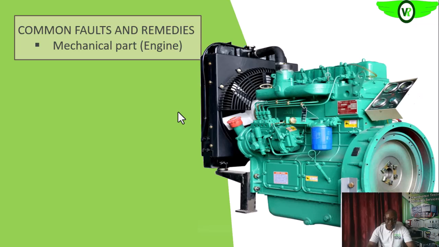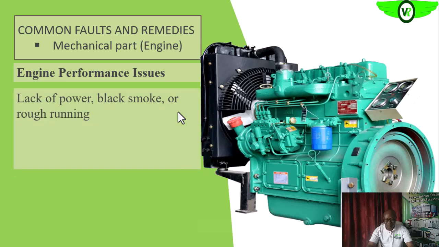So still on common faults and remedies on the mechanical part of the diesel engine, we want to look at performance issues. The engine is not delivering the right power to the alternator, which means that when you put the required load, it can drop on load or it will start dragging. Black smoke.